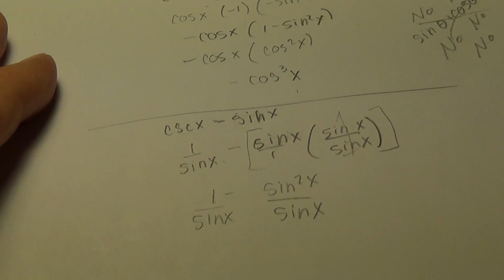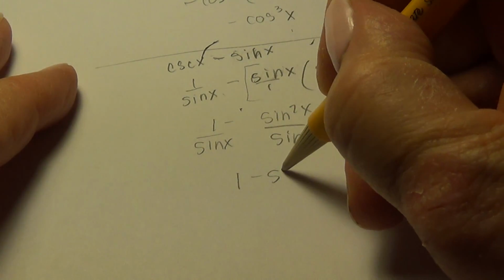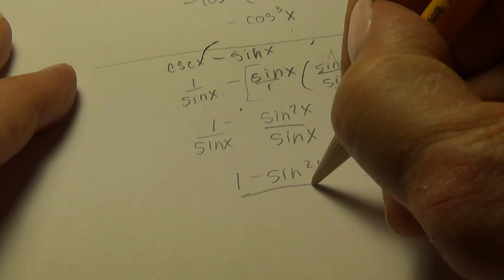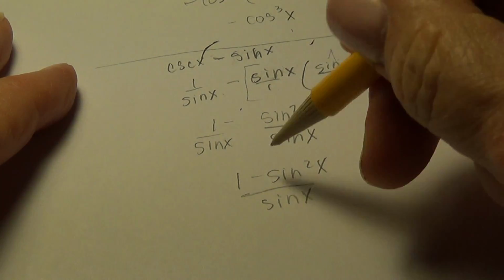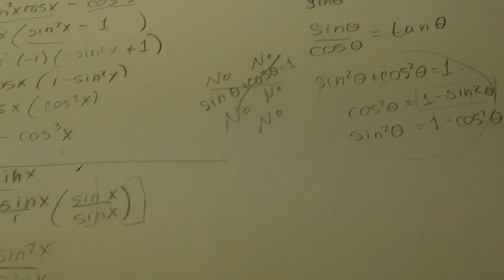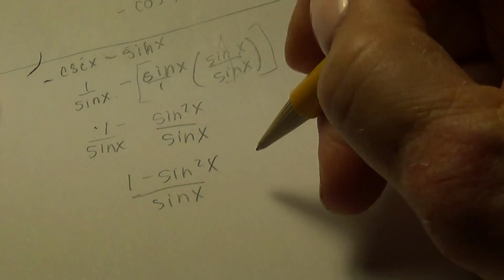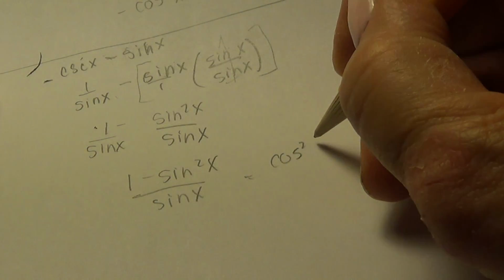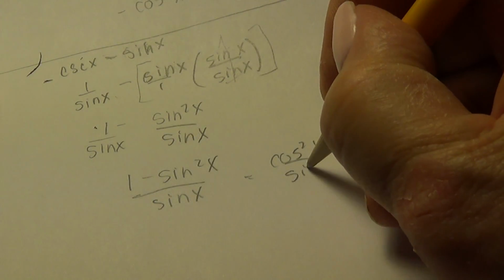So now I've created the common denominator sine x. I get 1 minus sine squared x over the common denominator sine x. And 1 minus sine squared is cosine squared. So I get cosine squared over sine x.